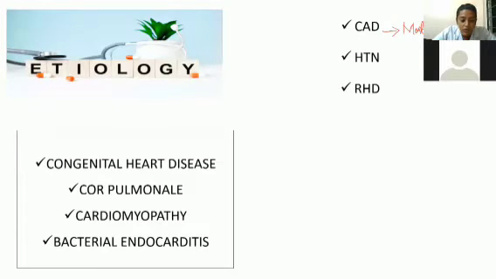Then cor pulmonale. How is this happening? Cor pulmonale is a result of chronic lung diseases. Chronic lung diseases will cause right ventricular failure, and that is known as cor pulmonale.